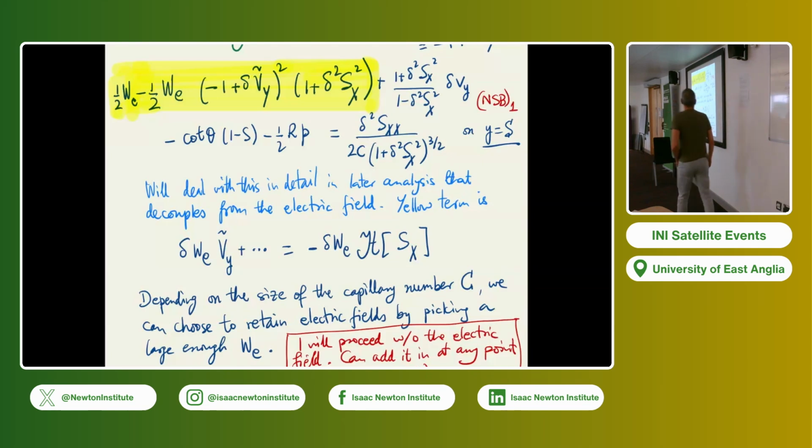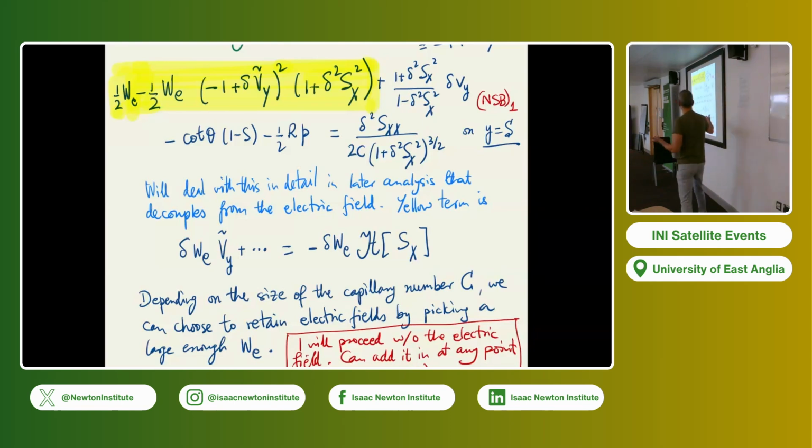Depending on what the capillary number is and so on, I can always choose WE to bring this effect in. So in doing these problems, we do all these asymptotics with deltas and epsilons and all that, and then we insist on keeping physical effects. If I want to keep electric fields, I need to pick the Weber number so that it stays.